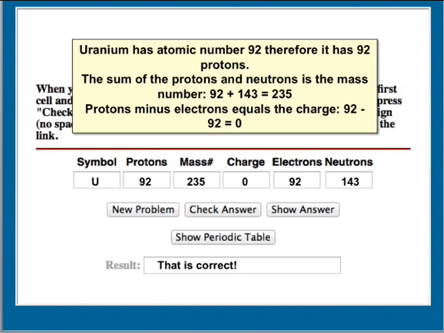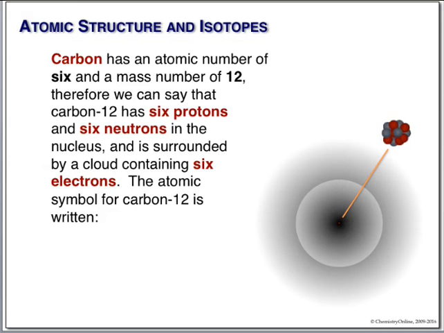All right, so the number of protons in a nucleus defines what element it is, right? So this is carbon. Carbon has an atomic number of 6, and the common carbon that we have has 6 neutrons as well, so a mass number of 12.